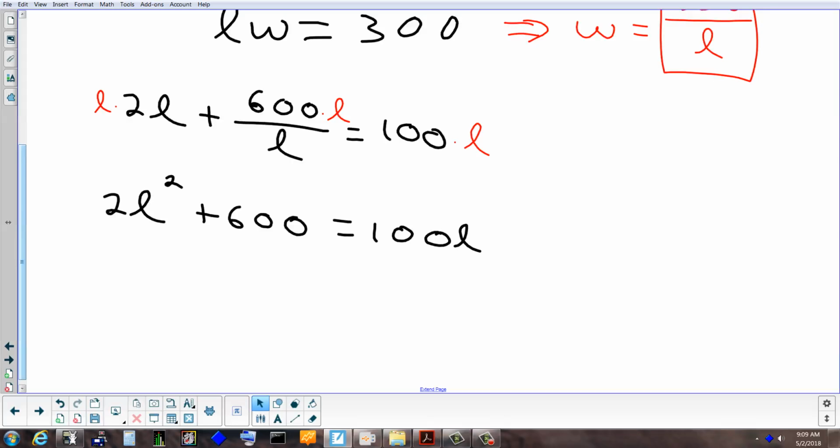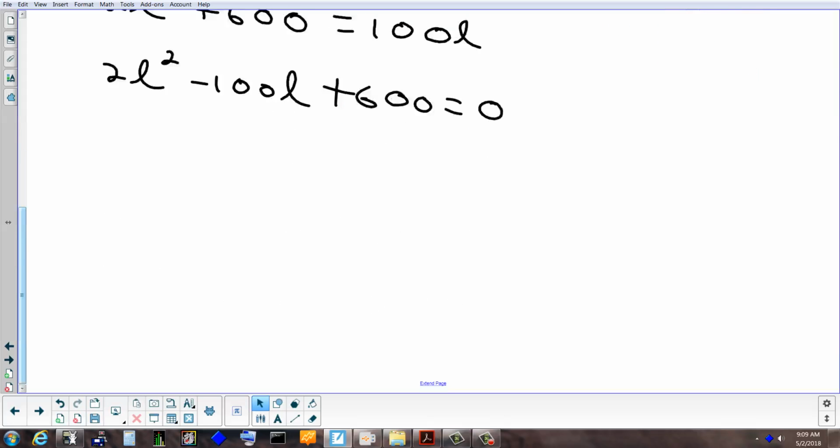All right, so anytime we want to solve a quadratic, we have to get it equal to what? Yep. 0. So we always want to keep the squared term positive. We usually write it in descending order, which is what I'm doing right now. And before we jump in and use quadratic formula, there is one thing we could do to simplify that a little bit.